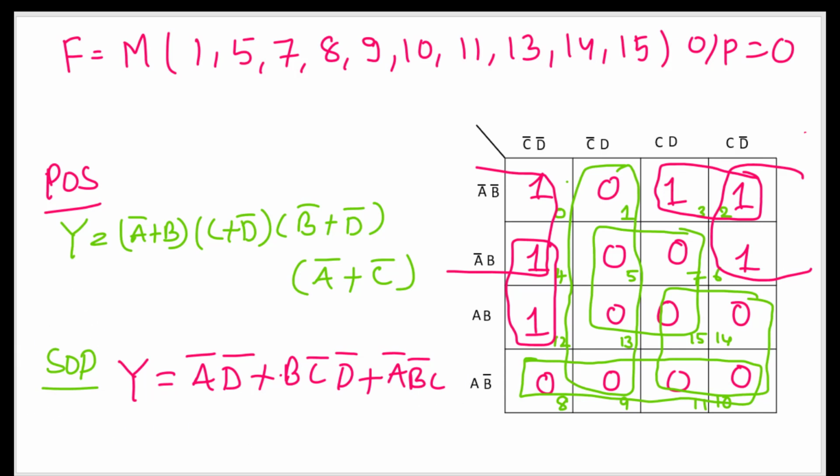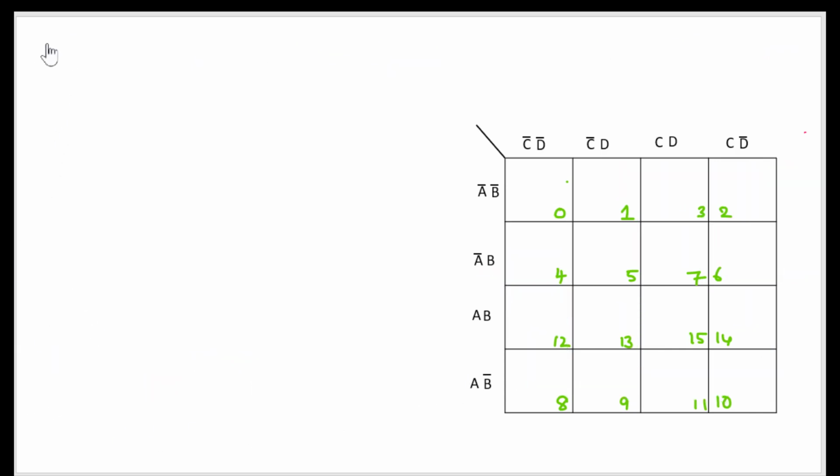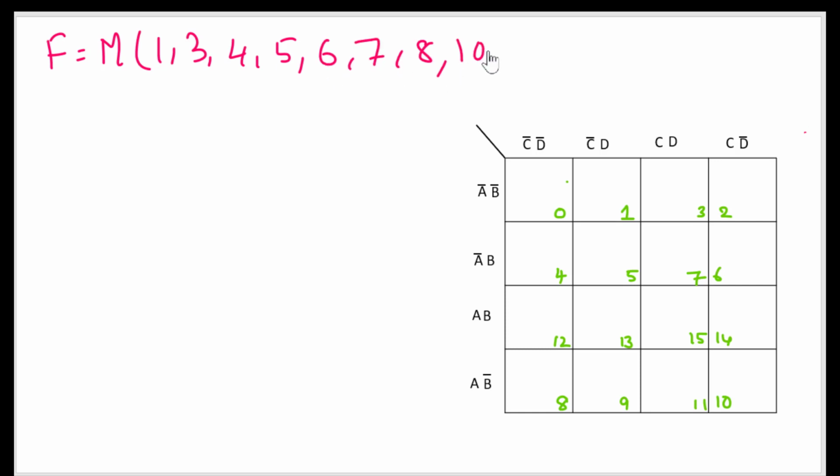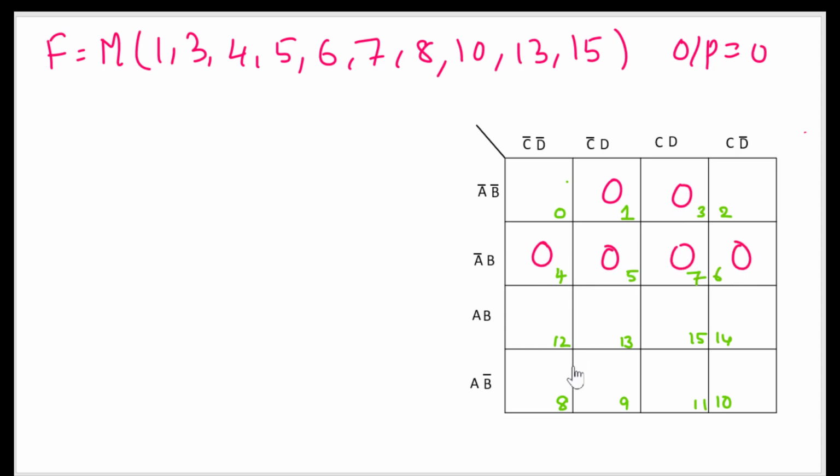I'll take one last example with the min terms. M of 1, 3, 4, 5, 6, 7, 8, 10, 13 and 15, for which the output is 0. I will try to fill in 1, 3, 4, 5, 6, 7, 10, 13 and 15.